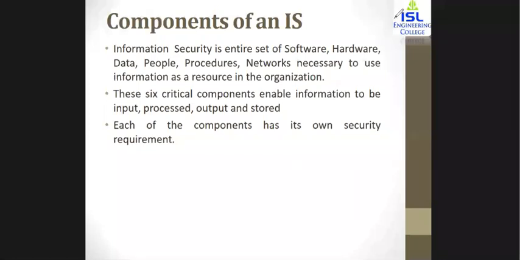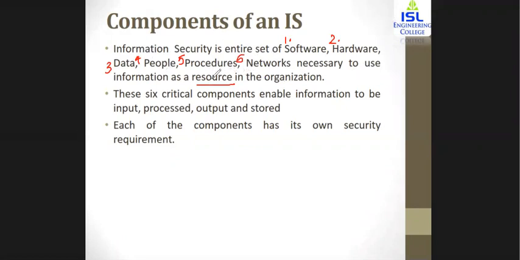Now coming on to the components of an information system. Now in here, information security is an entire set of software, hardware, data, people, procedures, and network. That is these six things. Now all these six things are necessary to use information as a resource in the organization. Resource means you can either take data from it or you can upload data to it.